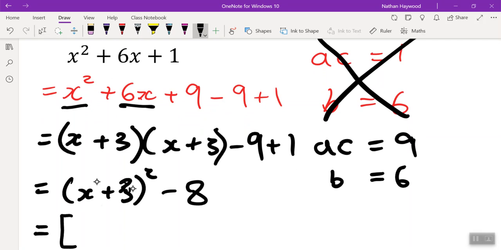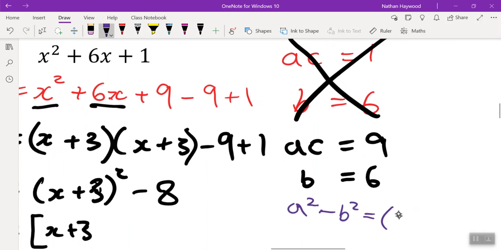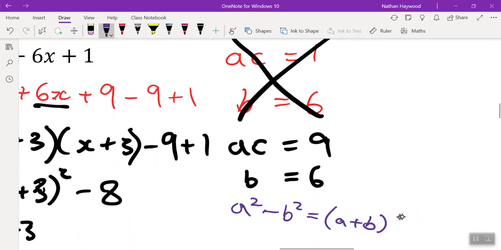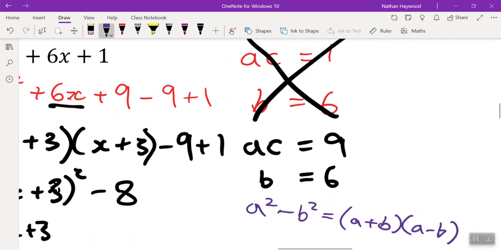The A number is x plus 3. In case you forgot difference of perfect squares, I'll just write it over here. If we have a number squared minus a number squared, it's equal to what? A minus B, very good. A plus B, A minus B.